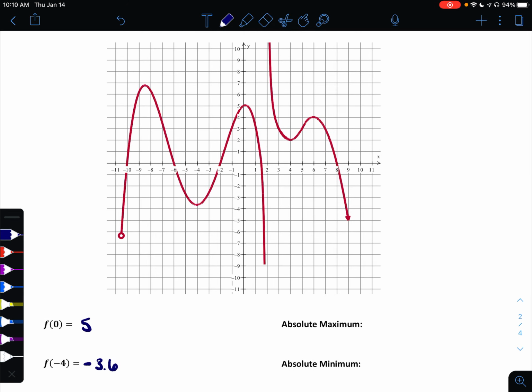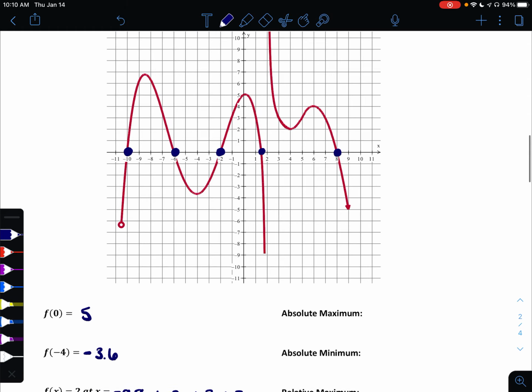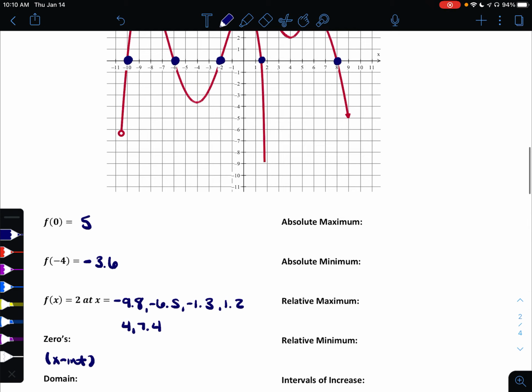All right, so looking for those zeros, looks like at about -10, -6, -2, maybe 1.5, and 8. All right, so our zeros, x equals -10, -6, -2, about 1.5, and 8.